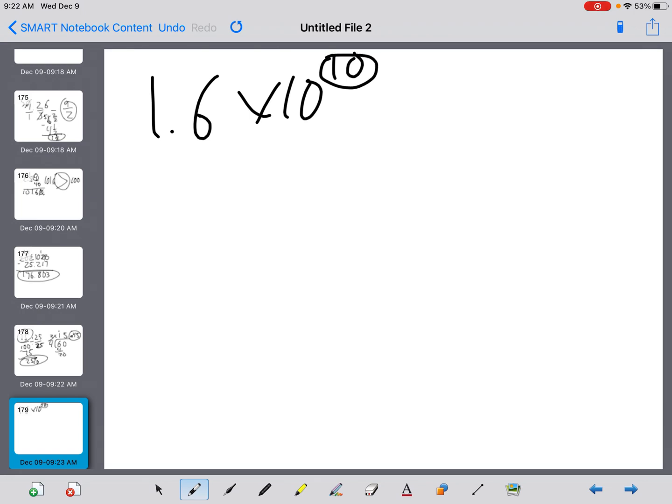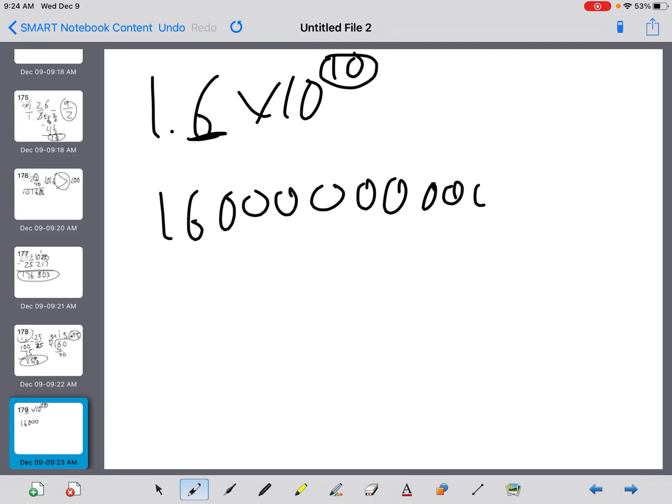I take the number exponent, I subtract how many numbers I have after my decimal point, which is 1. 10 minus 1 is 9. I have to add 9 zeros. 1, 2, 3, 1, 2, 3, 1, 2, 3. They spent $16 billion on advertising. Woo! That's a lot of money.